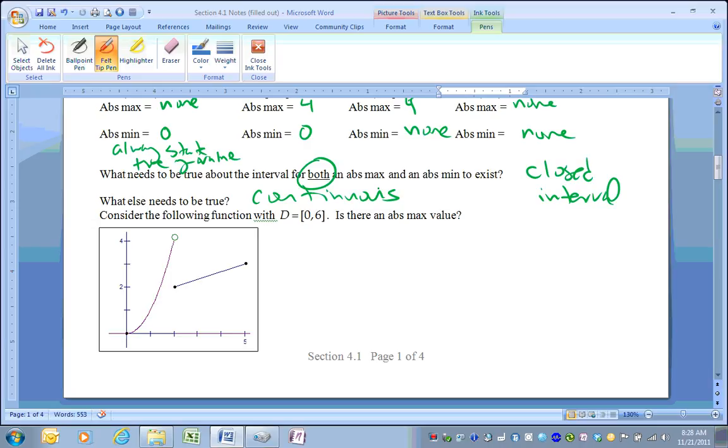Like this one here is not continuous, right? So in this case we have no absolute max. Now we could have done this.